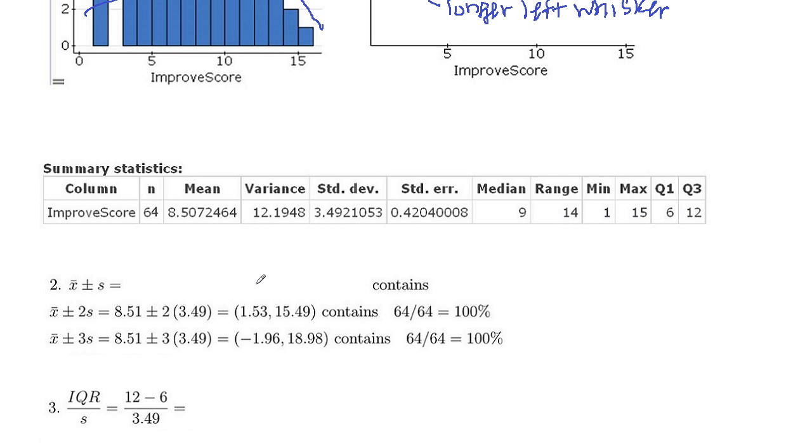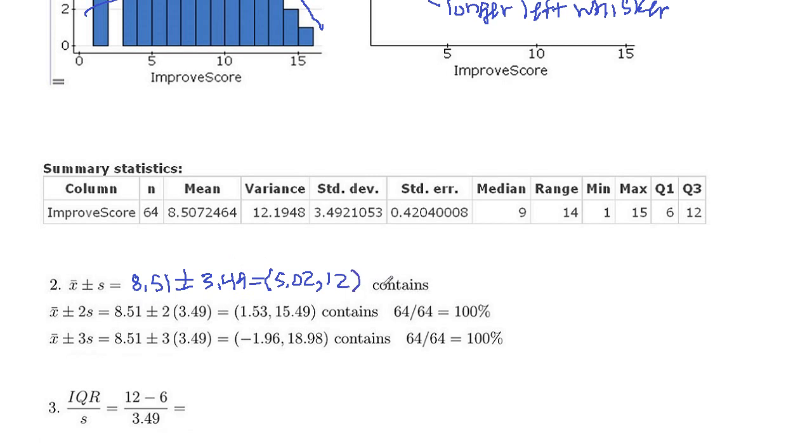So second possibility is we can measure how many data values are within 1, 2, and 3 standard deviations. So our X bar here was about 8.51. And then we could add and subtract, plus or minus 1 standard deviation, about 3.49. So that gives us a range here of 5.02 to 12.